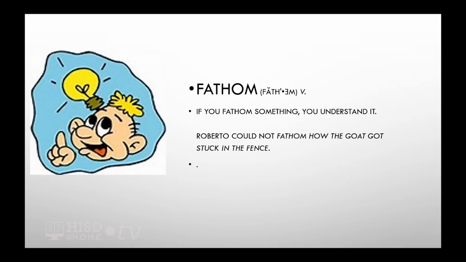The next word is fathom. Can you say fathom? Yes, fathom. If you fathom something, you understand it. Roberto could not fathom how the goat got stuck in the fence.